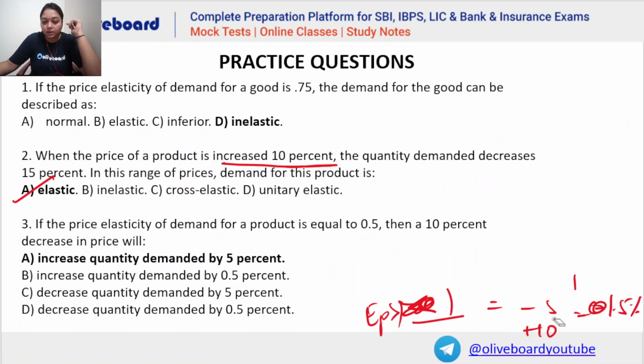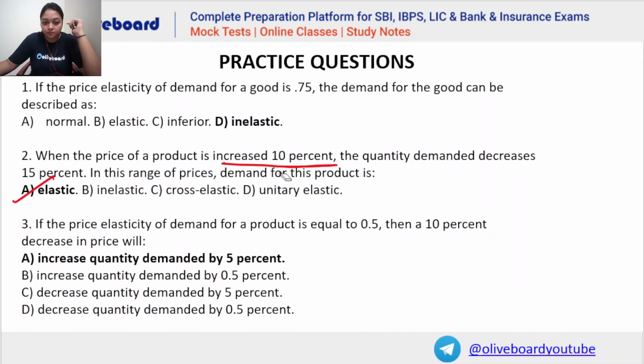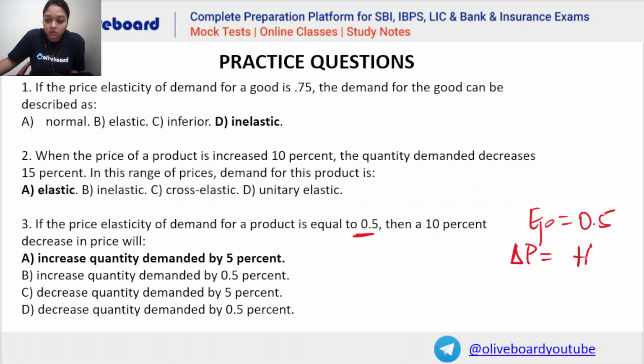Okay, just a minute, let me erase it. Okay, what is the third question? If the price elasticity of demand for a product is equal to 0.5, so you know EP is equal to 0.5, then a 10% decrease in price will, so the change in price is 10%.